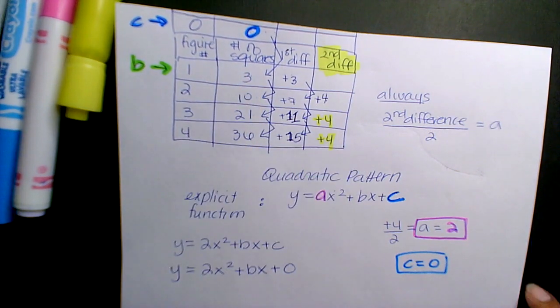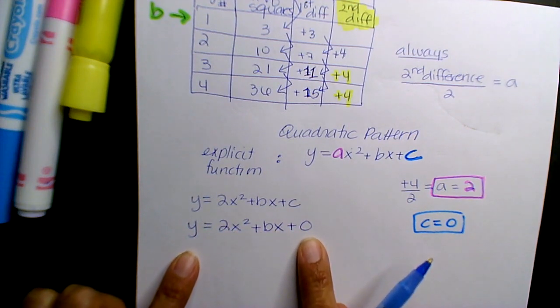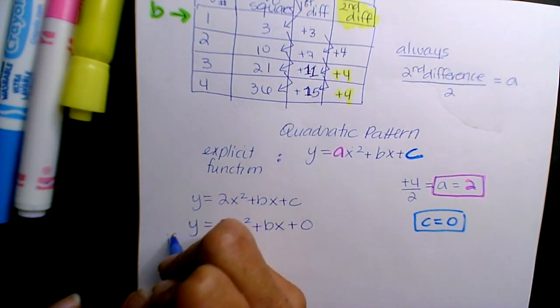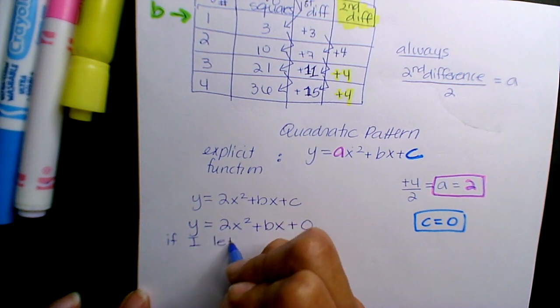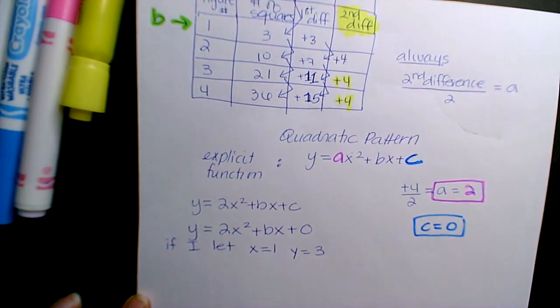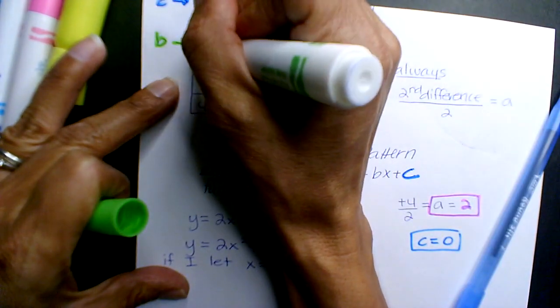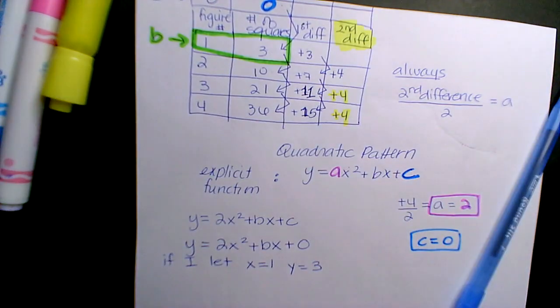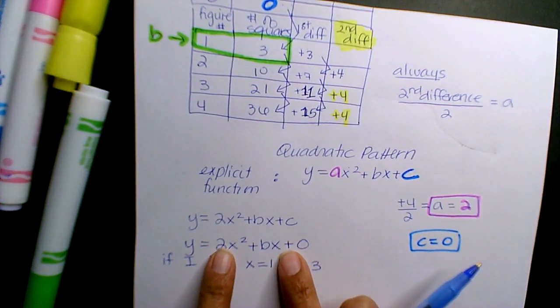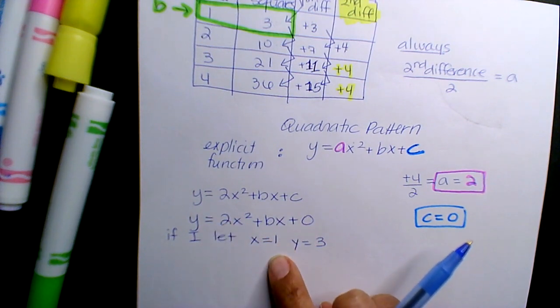So if this is what I have so far, if I let the point when x is 1, y is 3, because that's where it is right here, right? Let's box it. And I substitute that in what I have above, I'll get my b value.